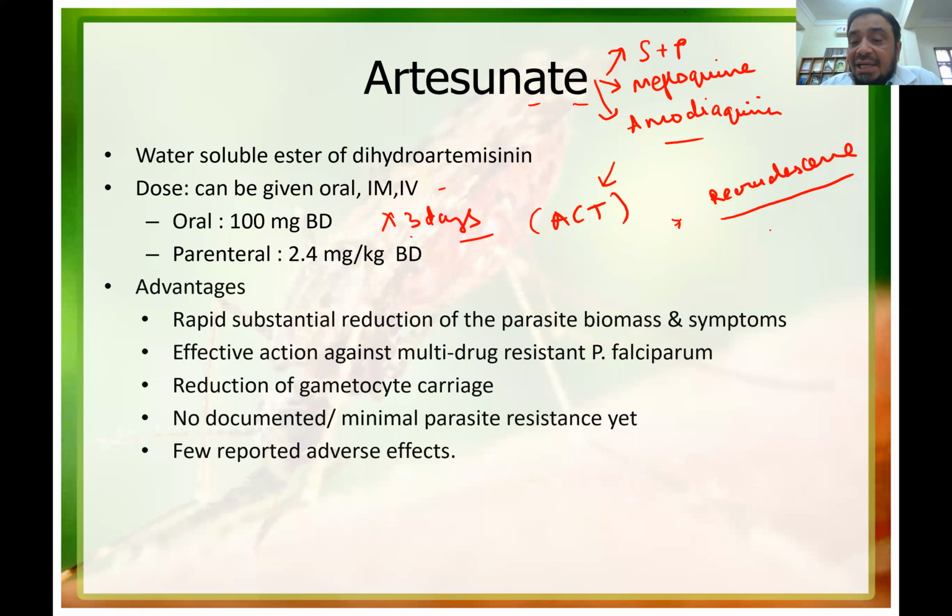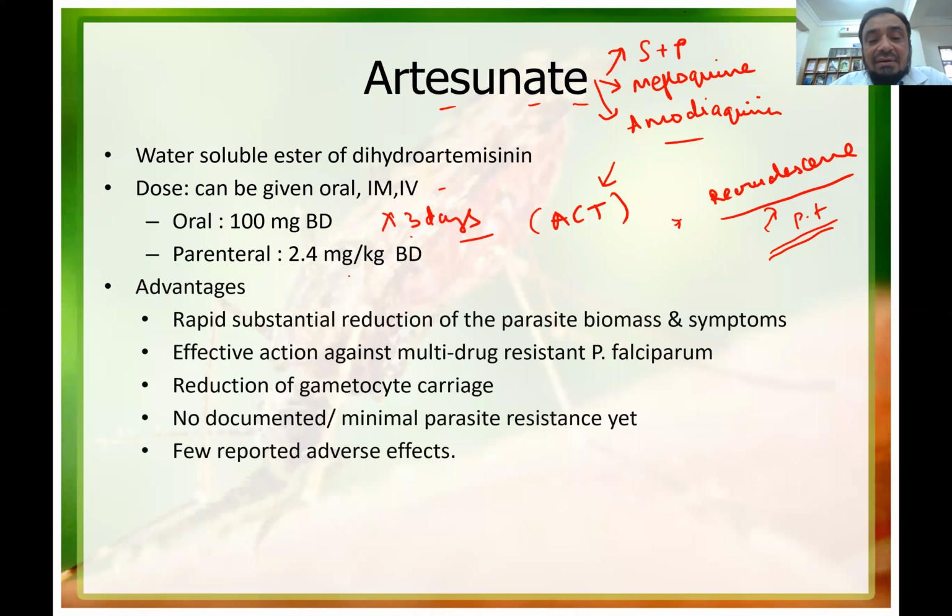So to prevent recrudescence in Plasmodium falciparum malaria, you should give the artemisinin compounds for a minimum of 5 to 7 days. If we give it for a long period of time, there are chances of resistance. That is why we combine artemisinin compounds with other drugs, and it is known as artemisinin based combination therapy.